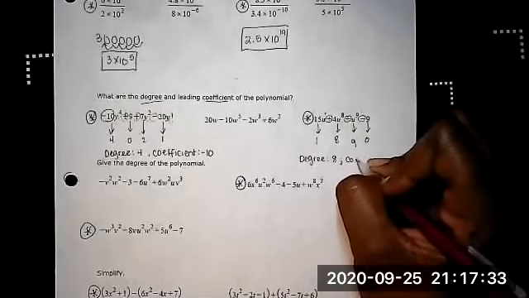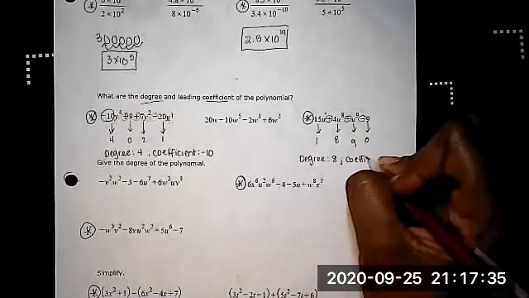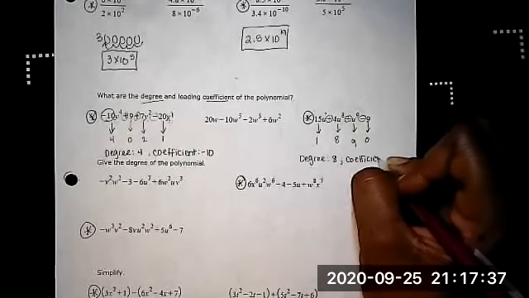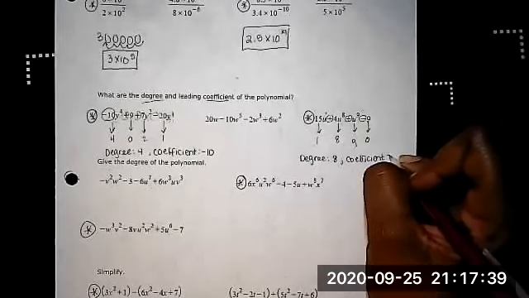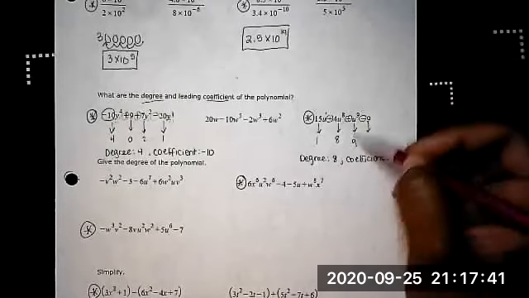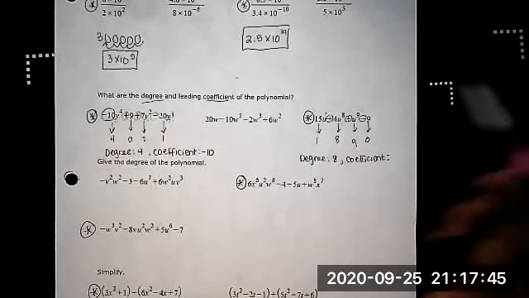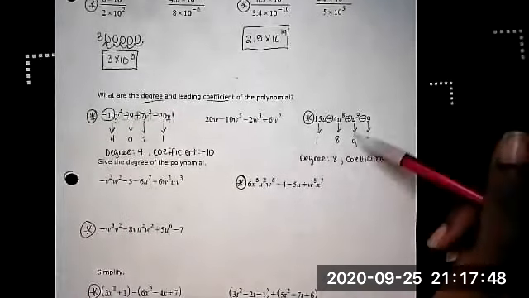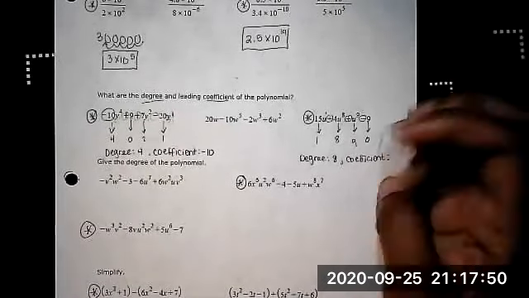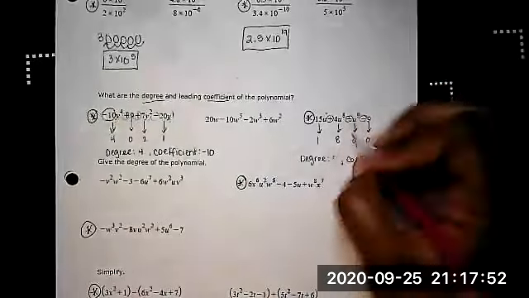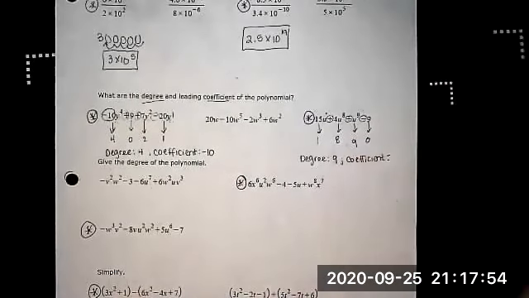And the coefficient, meaning what is the number in front, okay? What's the number in front here for the 8? Oh, look at this, guys. Our highest degree is 9.